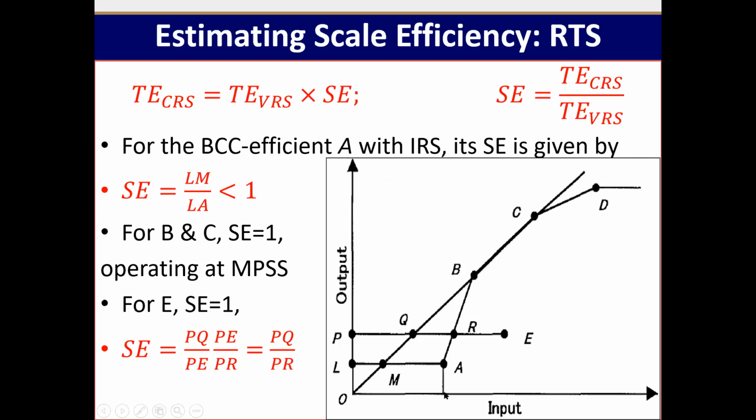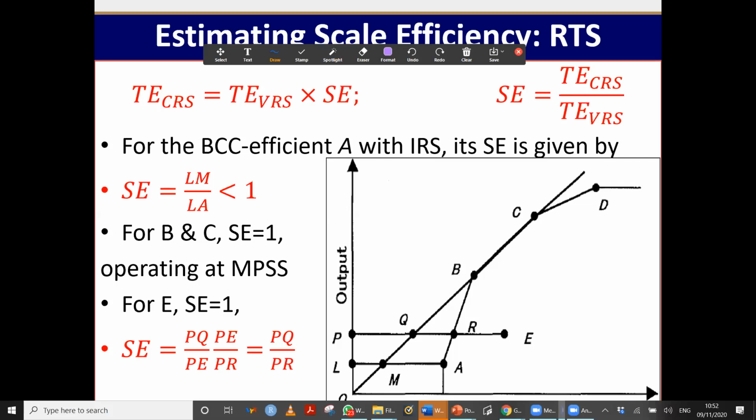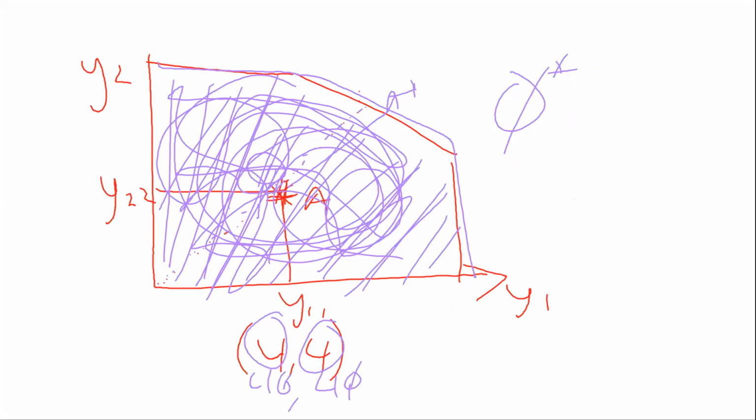When you increase the input from that point to any point on this section, the output is going to double. I'll use a new graph to explain what I mean because this is critical.